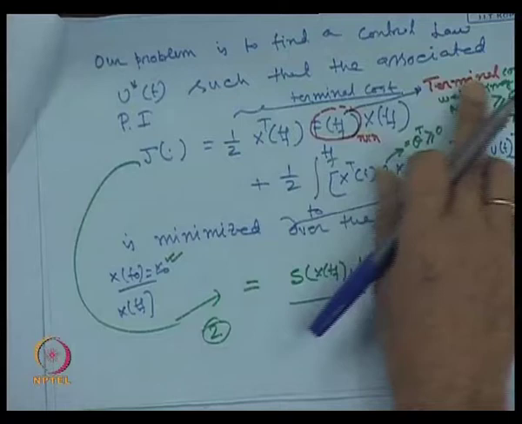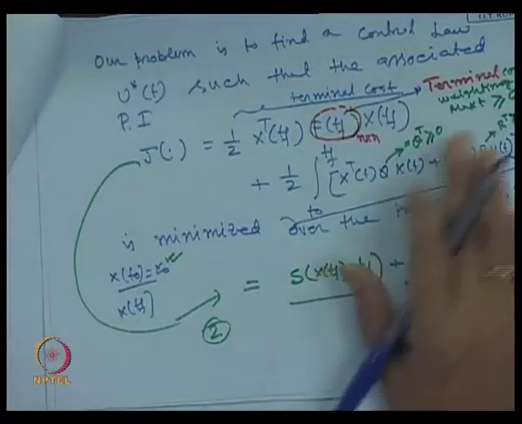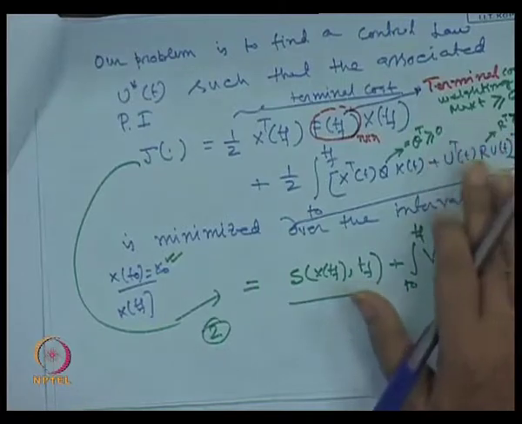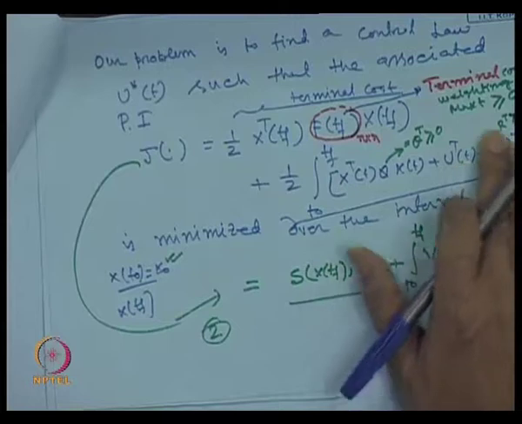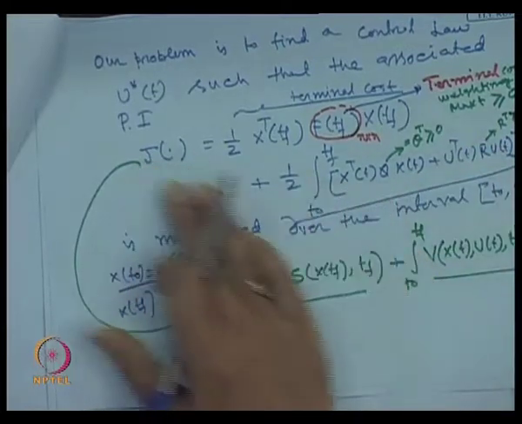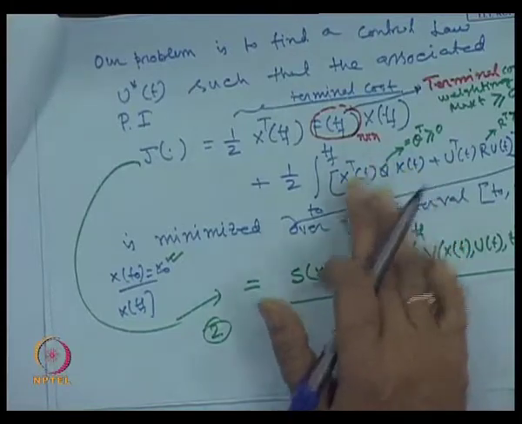So, this is the terminal state weighting matrix. If you do not include the input term, the control effort term, in the performance index, then we do not have any control over the input effort.